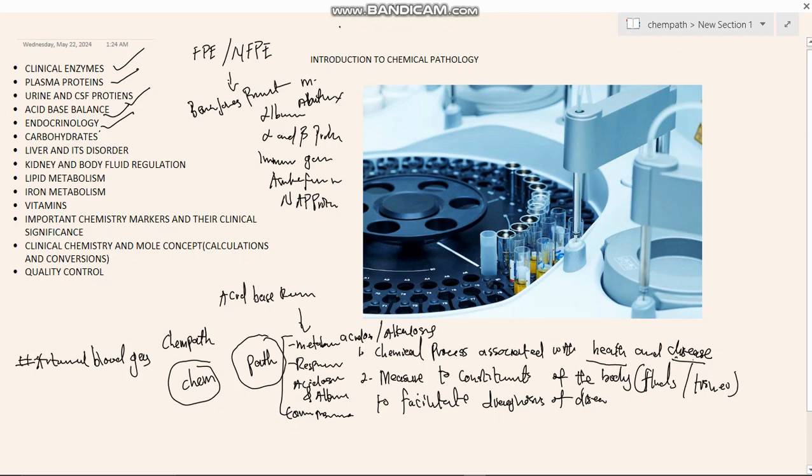Yeah. Then we'll talk about carbohydrates. So this one, the carbohydrate is more or less about glucose.